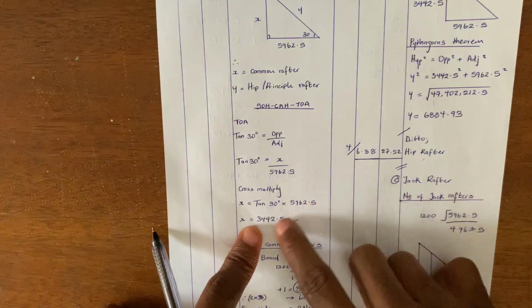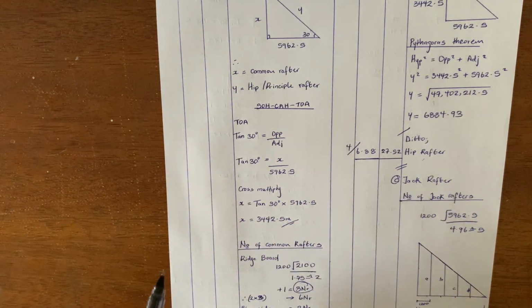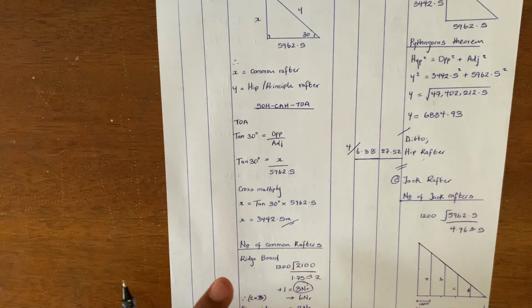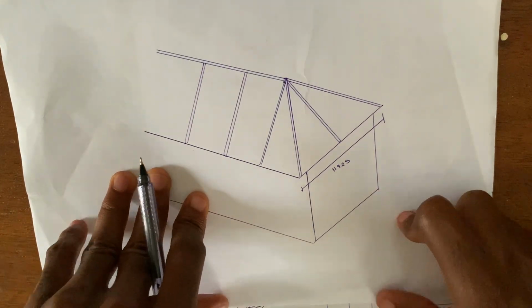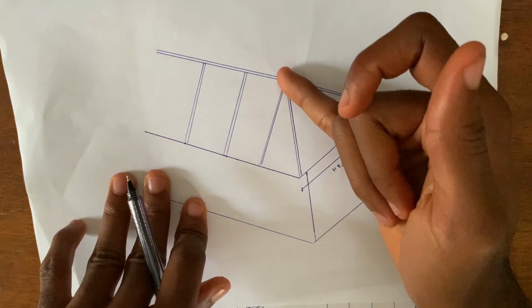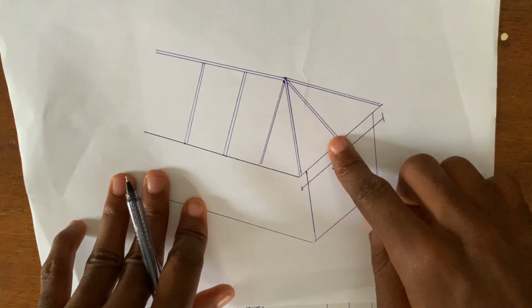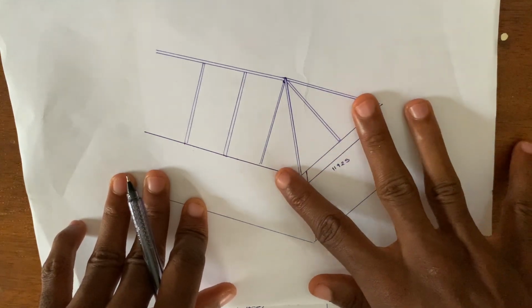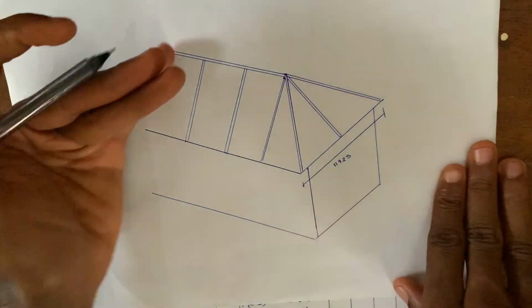Now that we've gotten the span, that's the length of our common rafter, we need to know how many common rafters are in this roof. Like I said before, the wood dividing our hip triangle into two is the common rafter. How many hip sides do we have? We have two. That's one for this side and one for the other side.